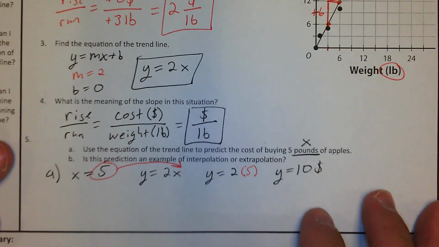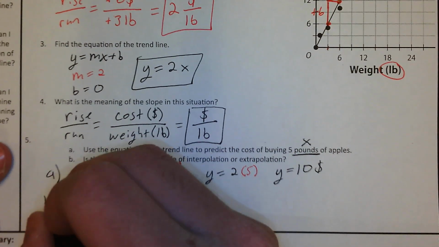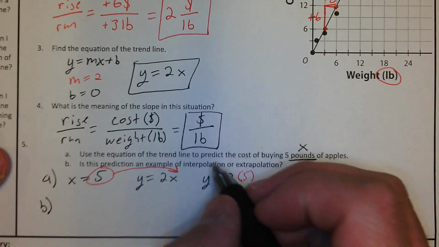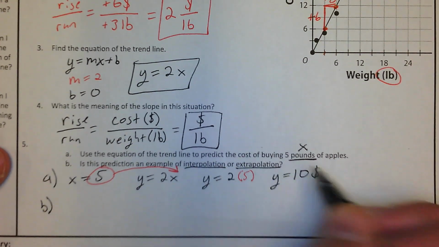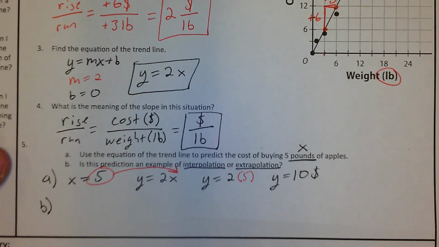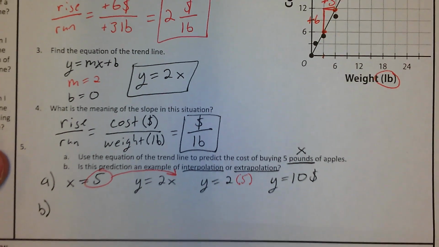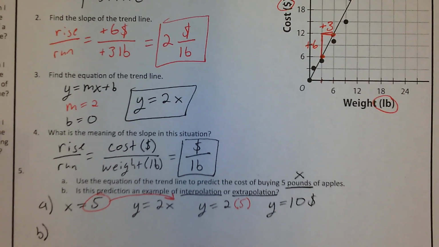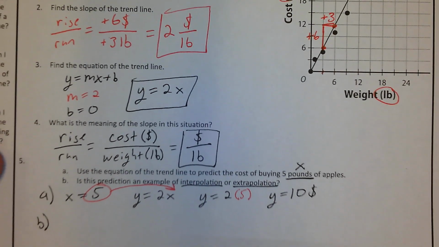Now here where question B comes in is going to be a little bit more difficult to explain. So it's asking if it's interpolation or extrapolation. So what we're talking about here is interpolation means that it is a predicted value that falls inside of our data that we already know. Okay?